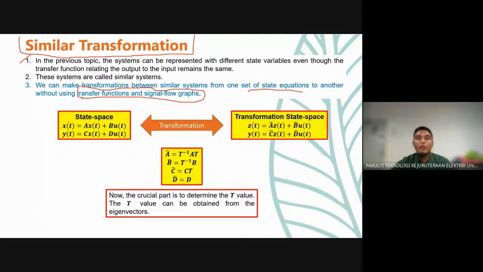Alright. So from the state space, you can transform into a different state space. Okay, the process is a transformation. Both of the state spaces will give you the same output with the same input.